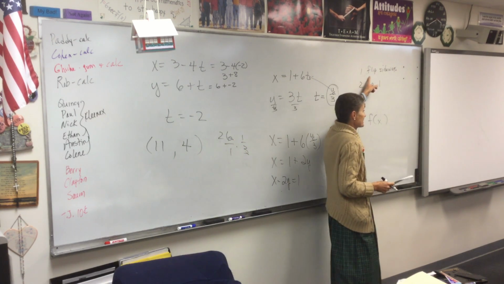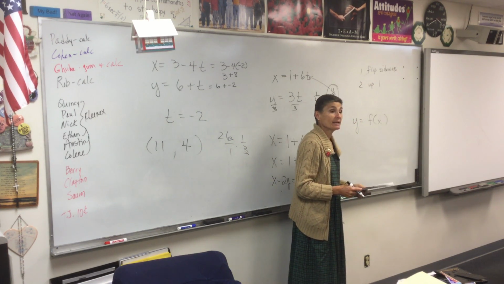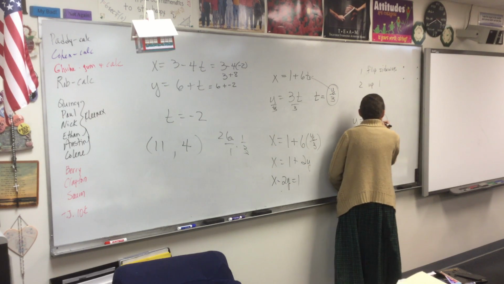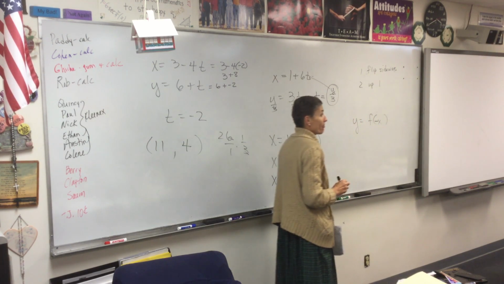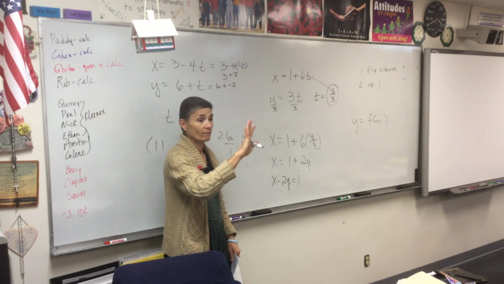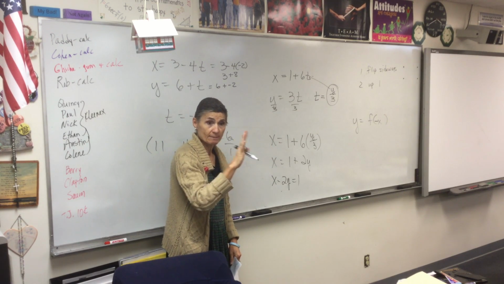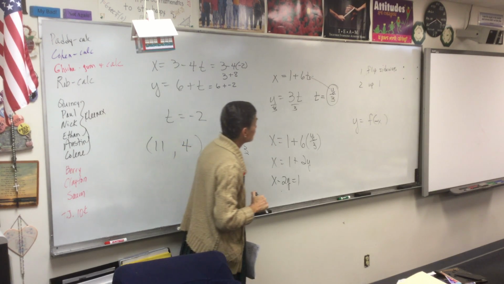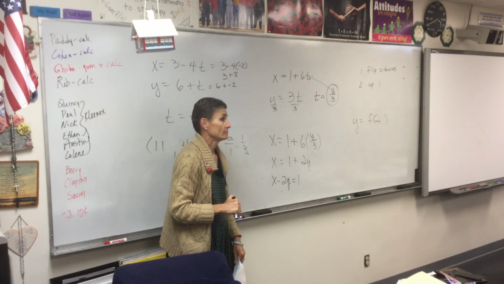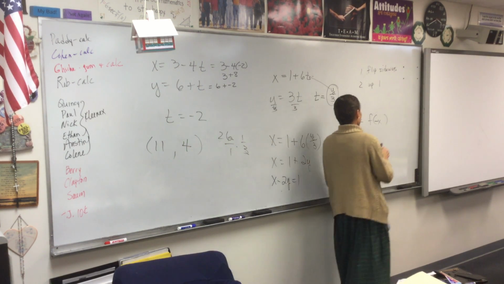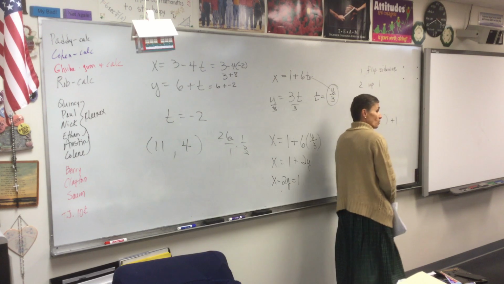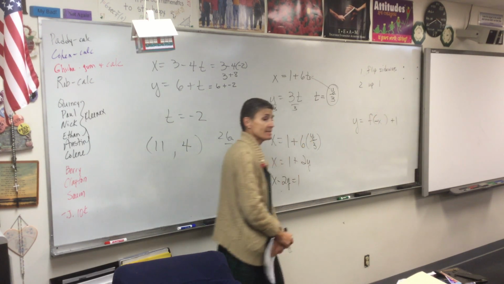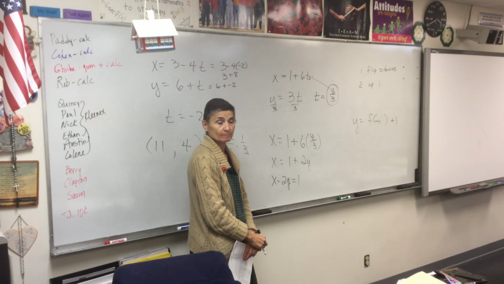How do we flip it sideways? Negative in the parentheses. So you're going to have a negative right there. A negative on the x is what flips you sideways. How do you move it up 1? You add 1 outside, right? Plus 1. And that's the answer to the question.